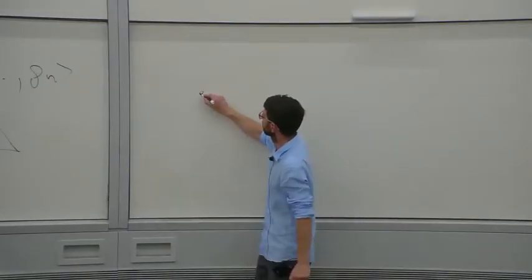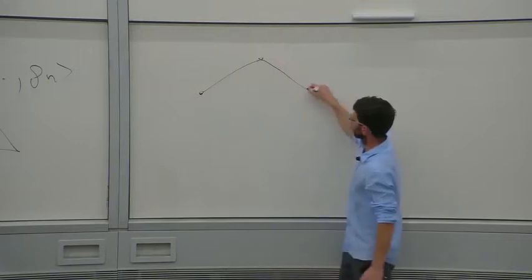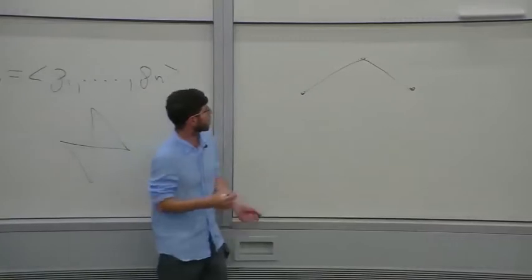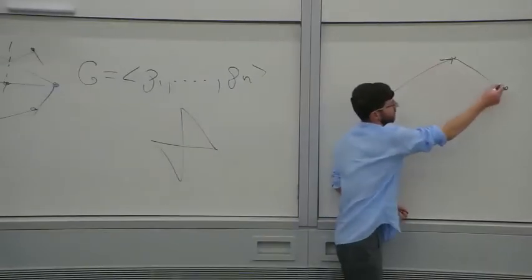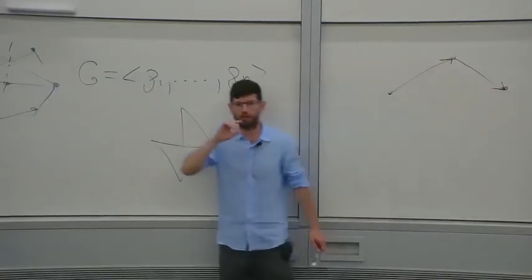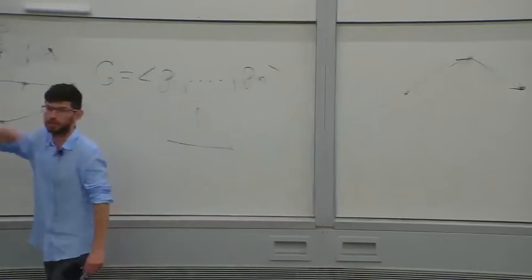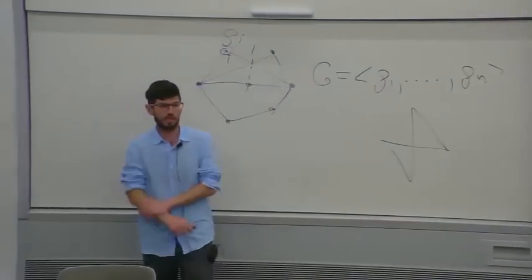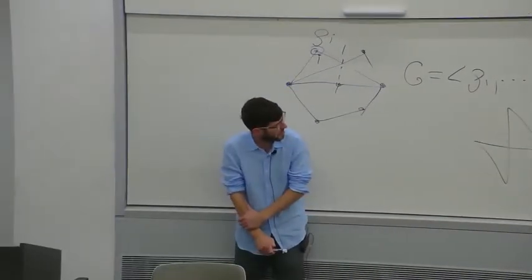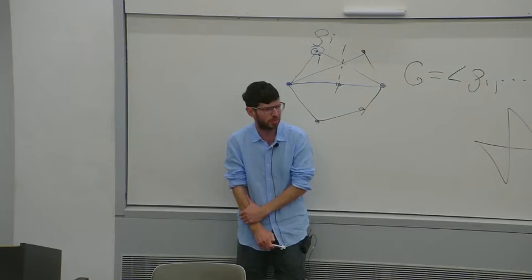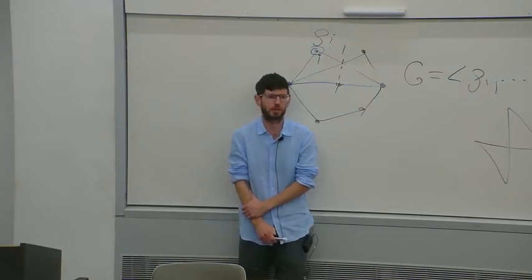So now we have a polygon in three-dimensional space. For the polygon, I'm going to look at the edges, and I'll think of them as vectors connecting neighbors. Actually, instead of thinking of them as vectors, I will think of them as quaternions.